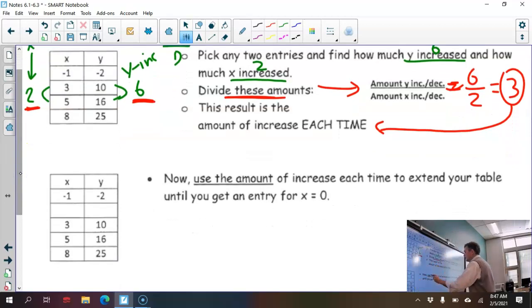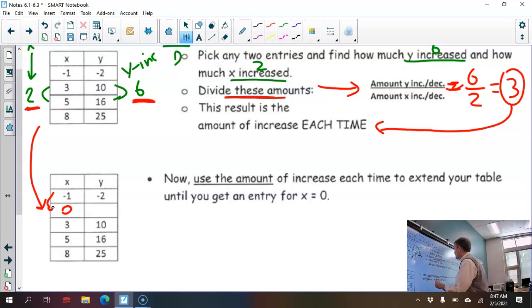Now I'm going to use this amount of increase each time to extend my table. So look, I took the same table, but I put a gap after the -1 because I want to fill in 0. And so I made a little gap after -1 so I could go from -1 to 0.